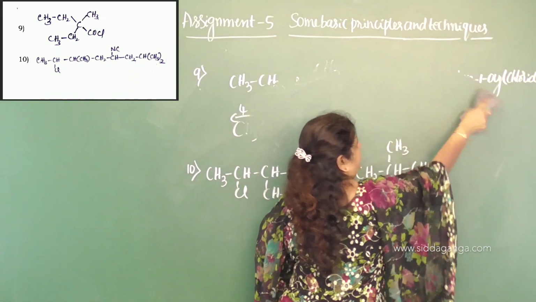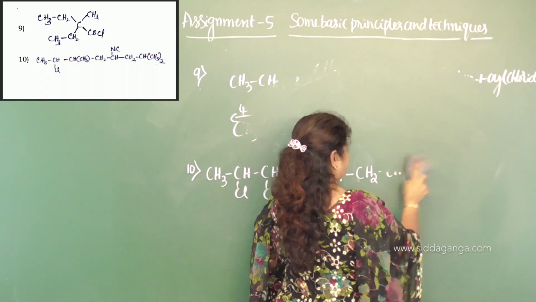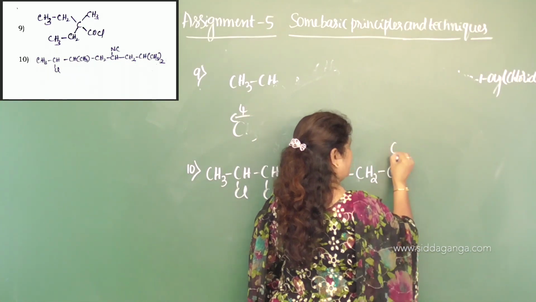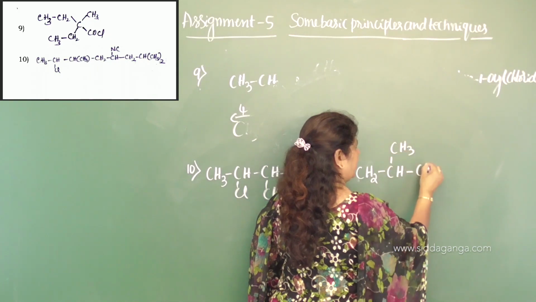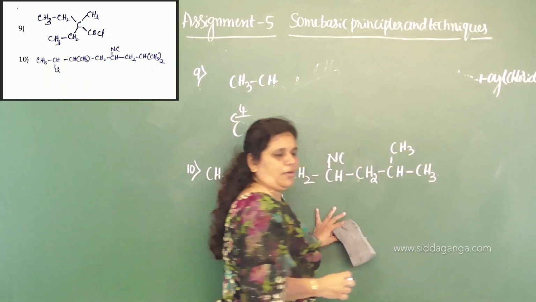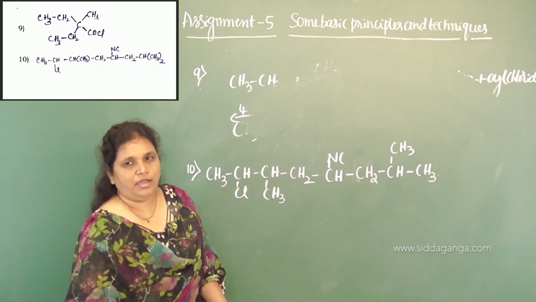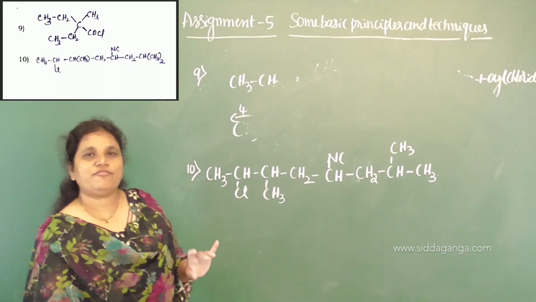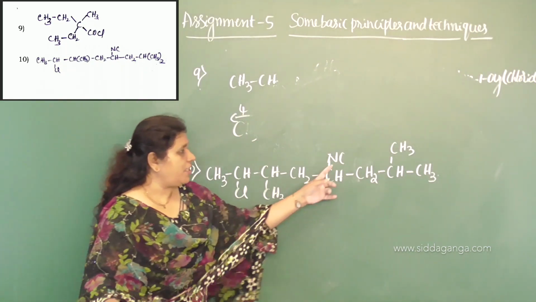Now select the chain. This is CH, CH3, CH3. Now select the chain, and you need to select the chain which contains the functional group. What is the functional group here?